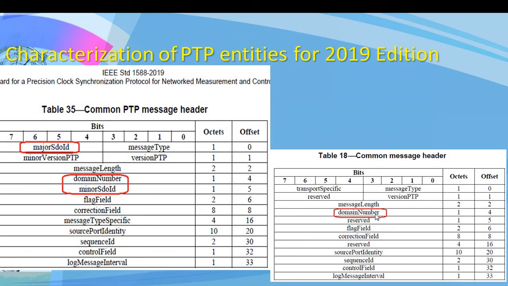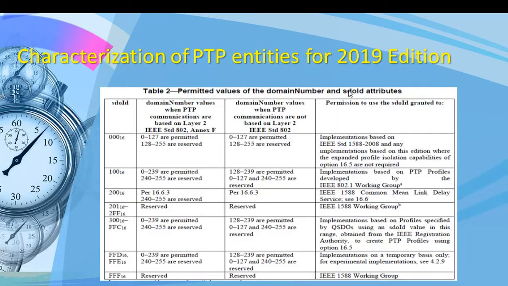Comparing them, the domain number part is the same, but the reserved part is used by the minor SDOID in the 2019 version. The transport specific field in the 2008 version is replaced by the major SDOID in the 2019 version. This is how the domain number can be used; the SDOID includes a different range.